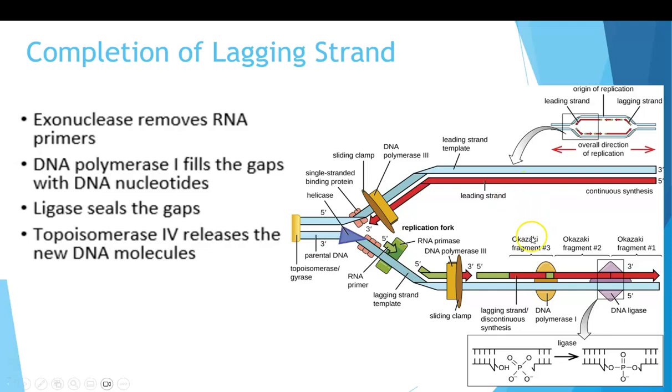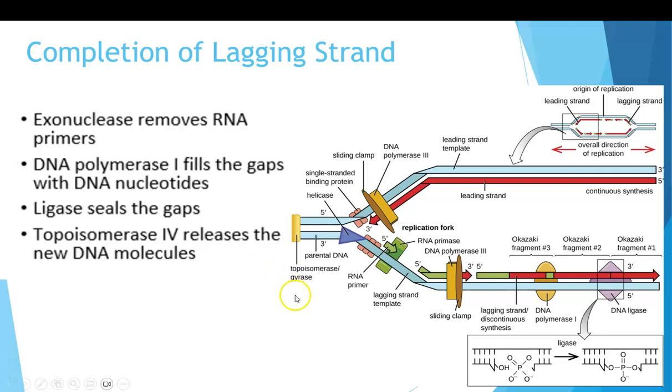If you look at the lagging strand, after we made these Okazaki fragments with the help of DNA polymerase 1, we're going to replace the RNA molecule with DNA nucleotides, because these greenish parts are small RNA, so we have to replace them with DNA with the help of DNA polymerase 1.